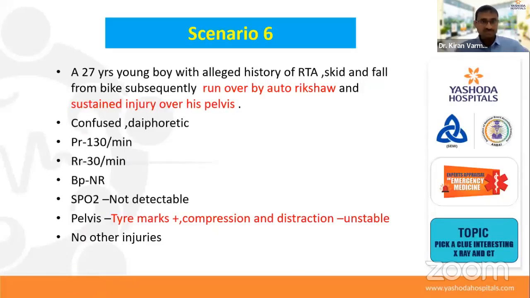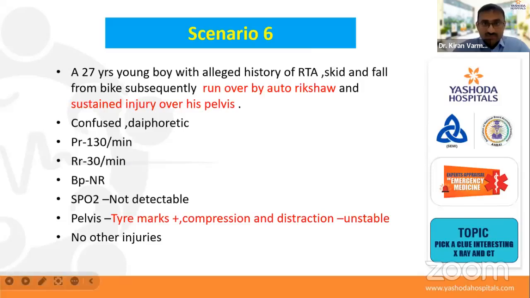This is scenario 6. A 27-year-old young boy with history of RTA, skid and fall from bike, subsequently run over by an auto rickshaw, and sustained injury over his pelvis. Patient was confused, diaphoretic, pulse rate around 130 per minute, respiratory rate 30 per minute, BP not recordable, saturation not detectable. On examination, pelvis has tire marks present, pelvic compression followed by distraction, pelvis looks unstable.